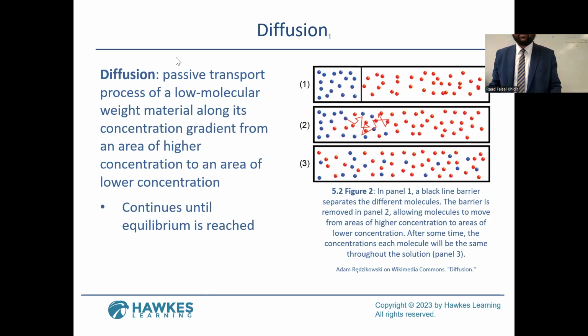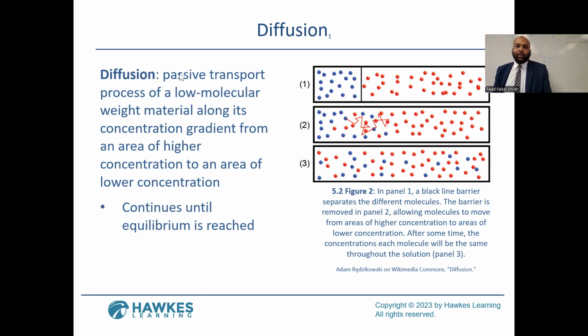Diffusion. Diffusion is a passive transport process of a low molecular weight material along its concentration gradient from an area of higher concentration to an area of lower concentration. It continues until equilibrium has been reached.